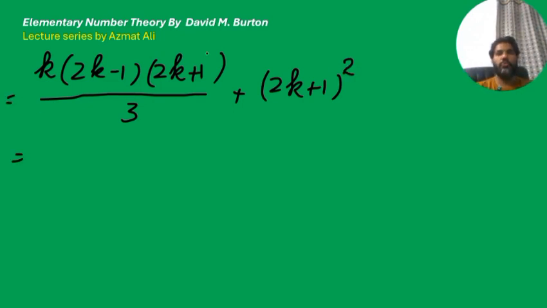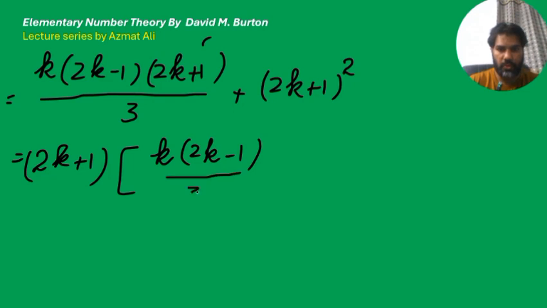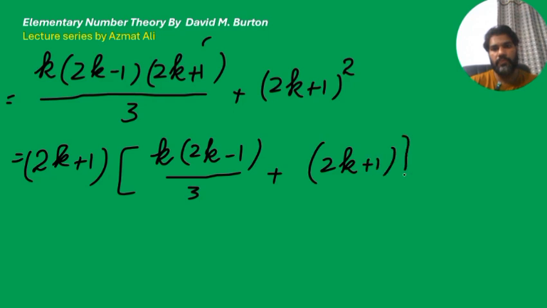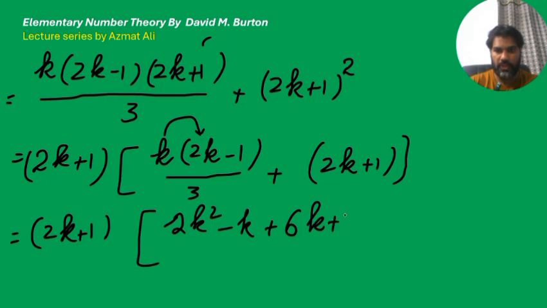Taking 2k plus 1 common from both terms, we have (2k plus 1) times [k into (2k minus 1) over 3 plus (2k plus 1)]. By taking LCM here and multiplying k inside the bracket, we have 2k square minus k plus 6k plus 3 over 3.